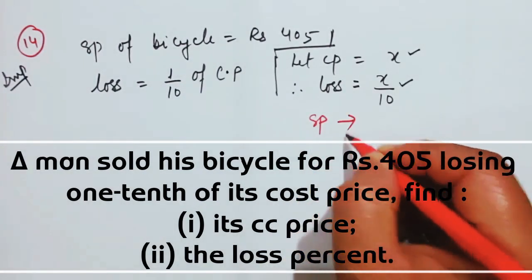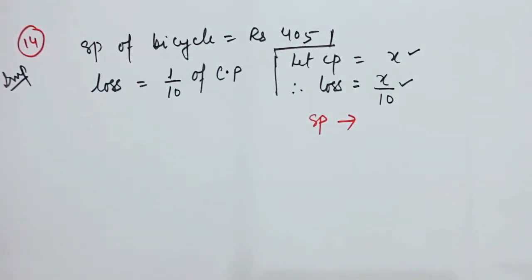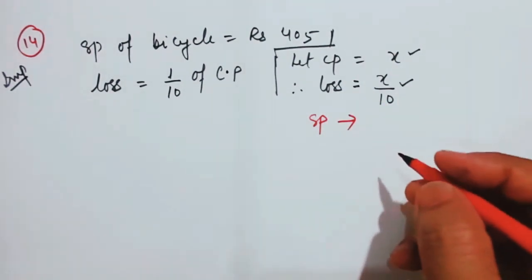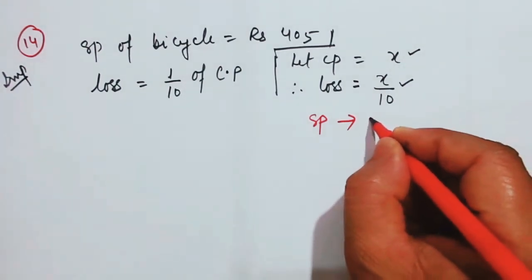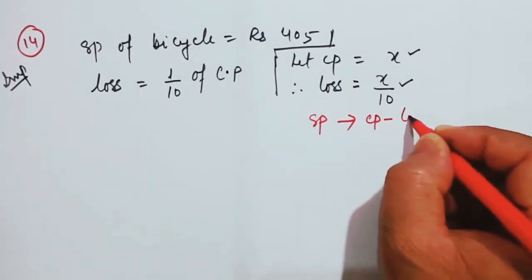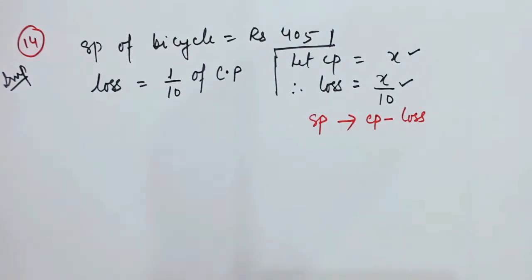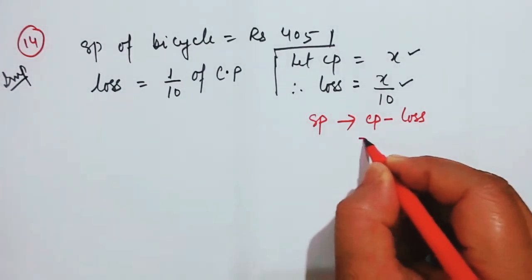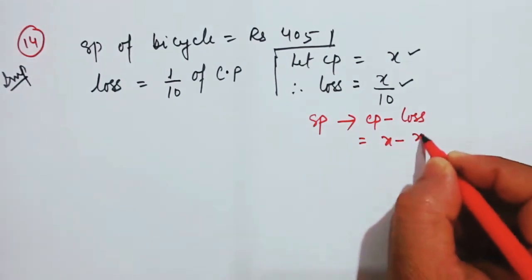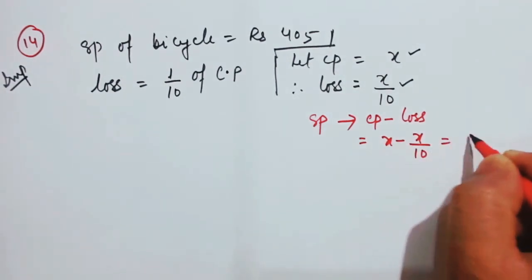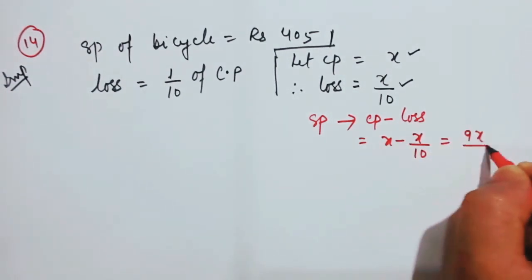What do you think? The selling price will be more or less? Naturally, when there is a loss, so selling price will be less. So selling price is equal to cost price minus loss. Try to understand the fundamental. So X minus X by 10 equal to 9X by 10.